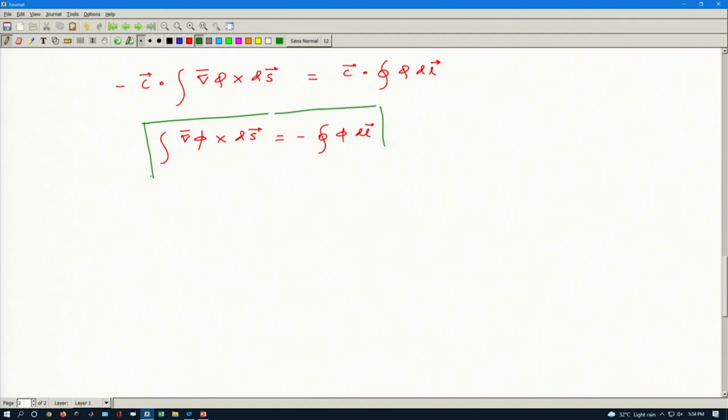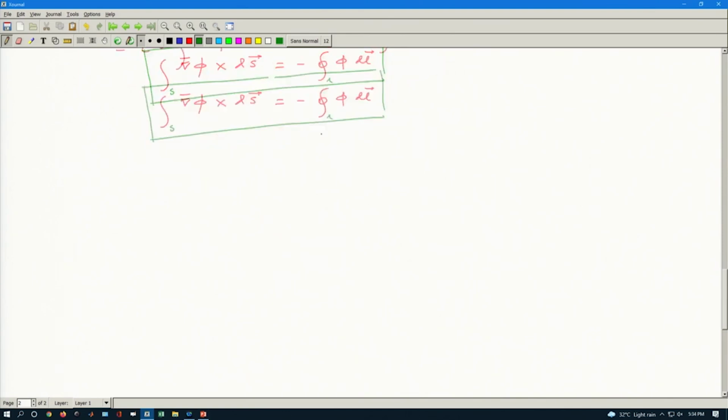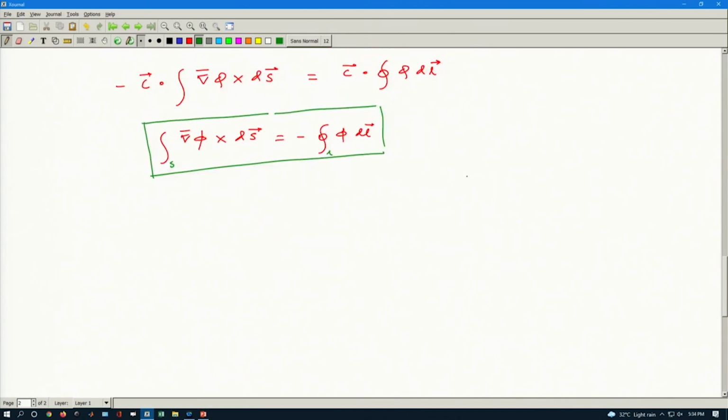Here we have the gradient of a scalar field crossed over a surface, that should be simply the integration of the scalar potential over this closed line. So, this is interesting: this is over a surface and this is over a closed line. This is an interesting vector relation that we figured out.